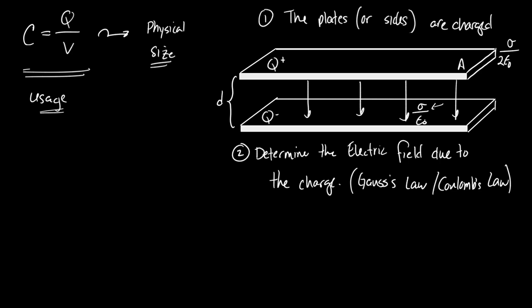We're bringing in what we know about an infinite sheet, and we're applying it here. So in this example, sigma over epsilon naught might be our electric field, but for us, we'll have to write that as Q over A over epsilon naught, where Q over A is our sigma, our charge per unit area, where A is the area of the plates.